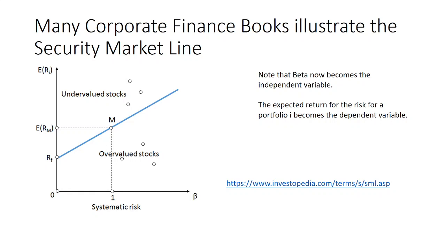So, for example, the risk-free interest rate is RF because the beta is 0, because there's no risk whatsoever to put your money into cash, or into a money market or into a savings account, which, I'm sorry for using the word cash because that's usually how we talk about this. And then if you have a systematic risk of 1, then the expected return of the market will be M. And then you have an undervalued stock if the expected return is above the security market line, and an overvalued stock if it's below the line.